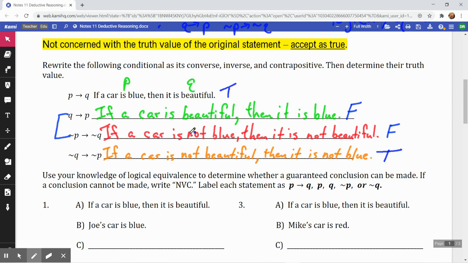Okay, so the order of statements matters. It drastically could change what is being said and how we should interpret. But notice again here, the conditional and the contrapositive are always going to match in truth value. They are logically equivalent. And we can use that idea also to help us interpret.